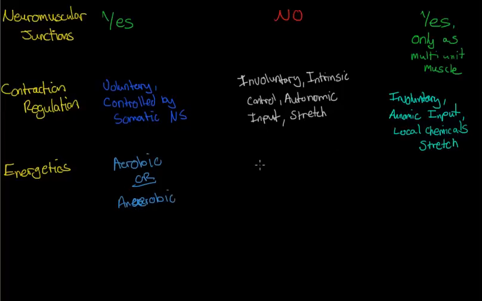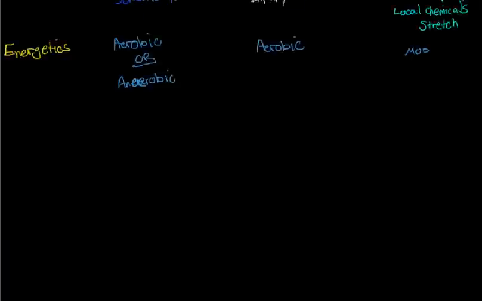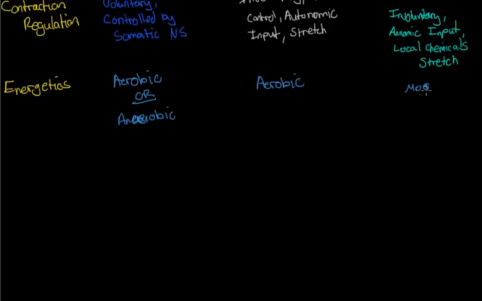For cardiac muscle tissue, it's only aerobic. If we were able to have cardiac tissue run anaerobically, fewer people would die of heart attacks. And for the smooth muscle, it's going to be mostly aerobic.